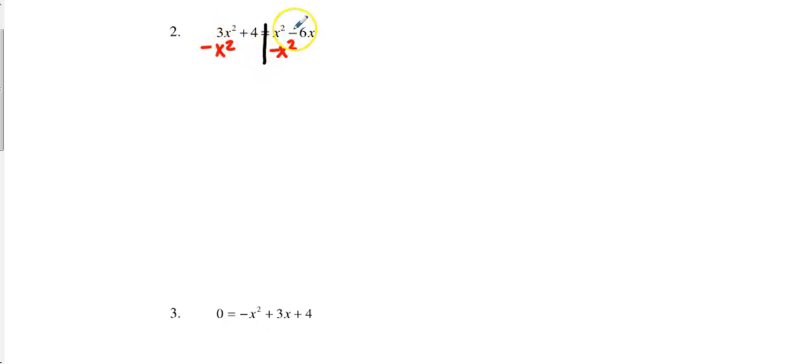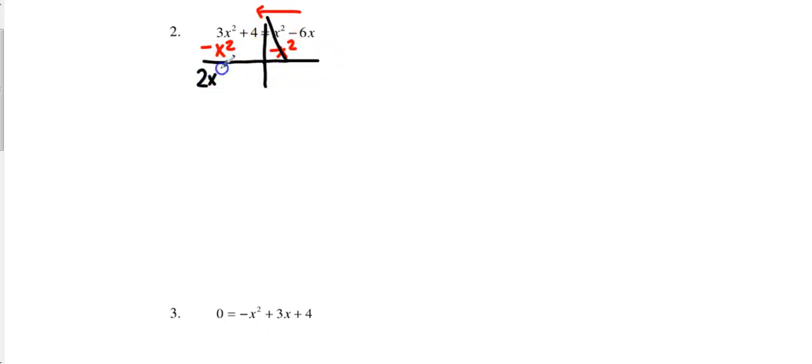So that means I'm going to choose to move everything that's on this right side over to the left. So I subtracted x squared. I can also at the same time add 6x if you're comfortable doing that. If you're not comfortable doing that at the same step, don't do it at the same time. So I will do it as a separate step.